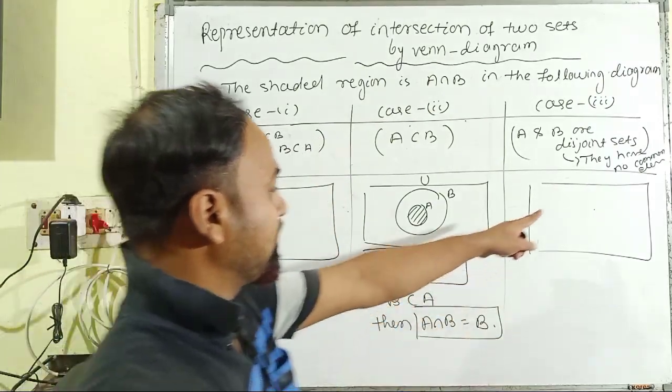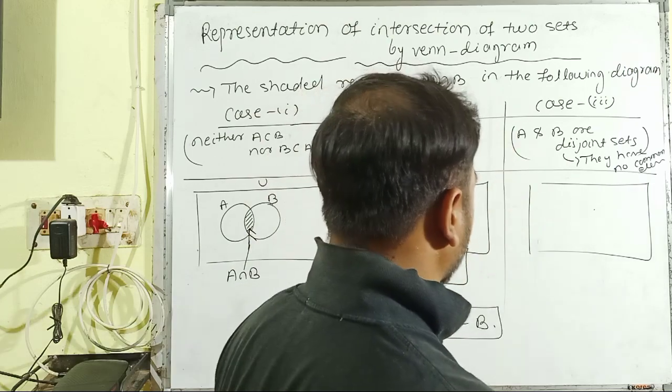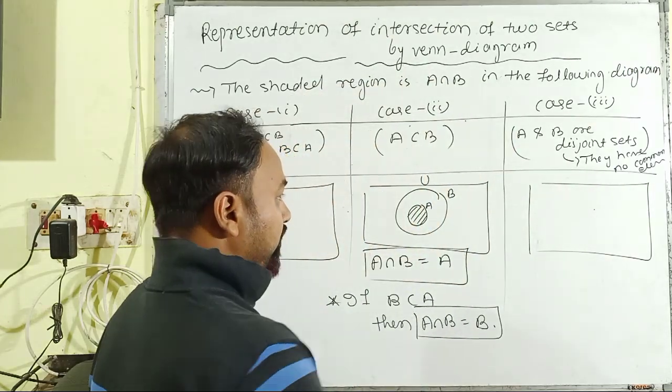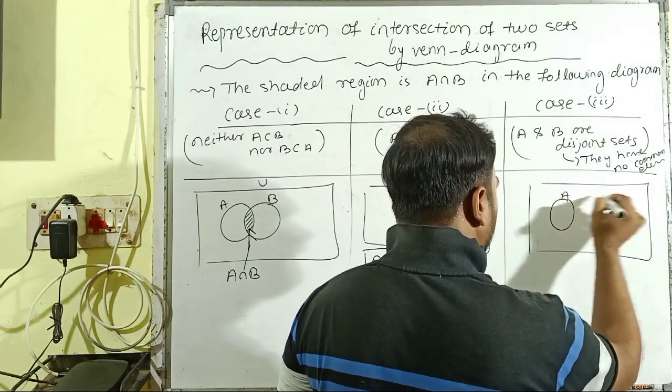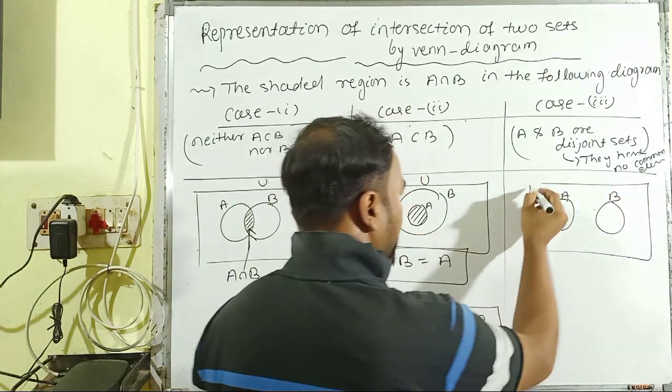Then moving towards the last part of the intersection of A and B. Here both A and B are two disjoint sets. That means they have no common elements.